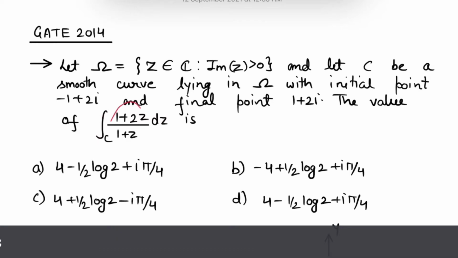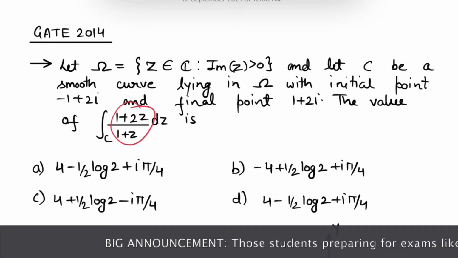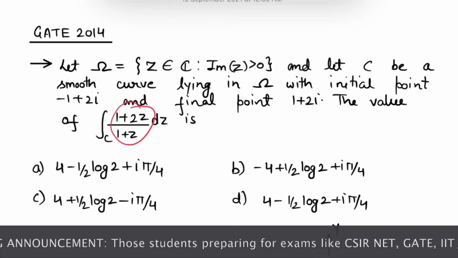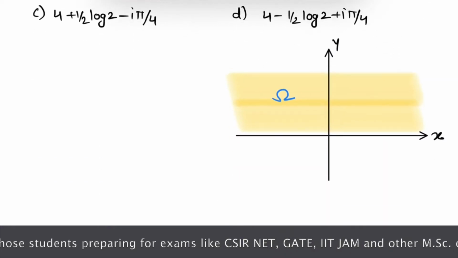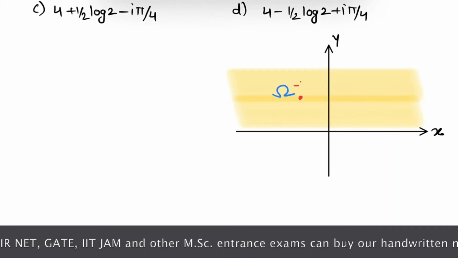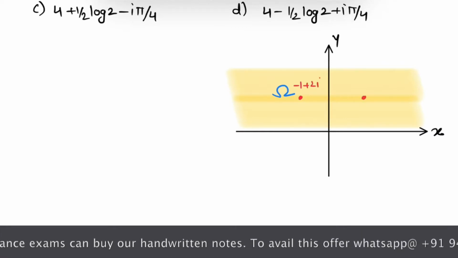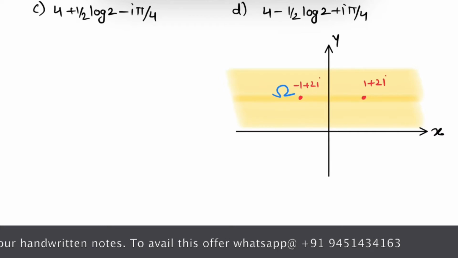Since the function (1 plus 2z) over (1 plus z) is analytic in region omega, its integral will be independent of the path chosen. So for comfort, I'll integrate along this line. The initial point is minus 1 plus 2 iota and the final point is 1 plus 2 iota.